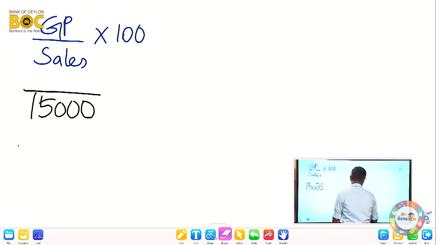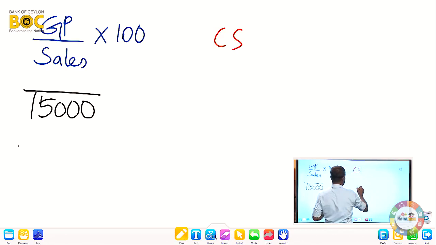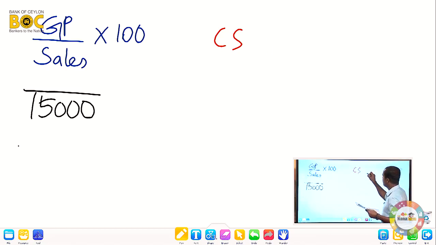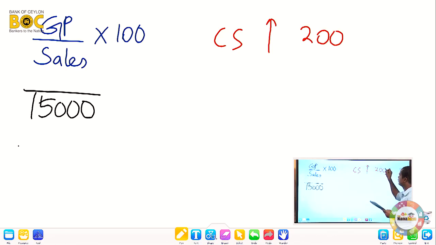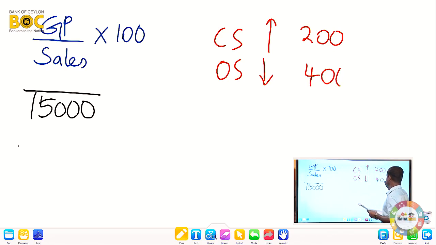The closing stock is overstated by 200,000 and the opening stock is understated by 400,000. So these are the errors done by the business.